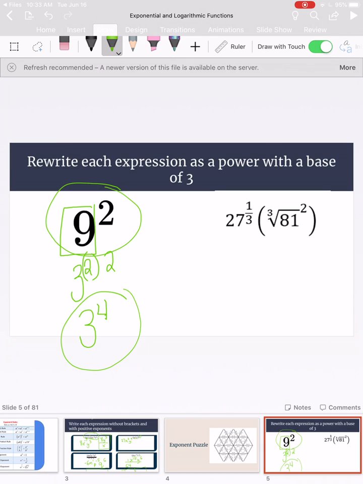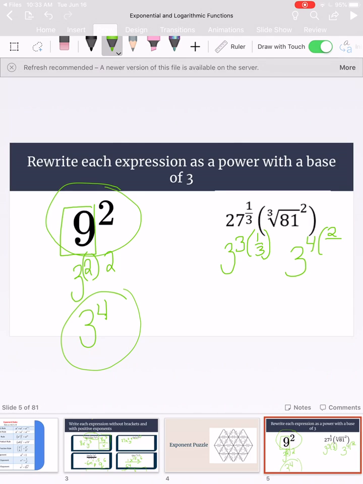Okay, so we're going to do the same thing here, except we have a bit more difficult of a question. So 27 is the same as 3 to the power of 3 raised to the 1/3. 81 is the same as 3 to the power of 4. And then I'm going to write this radical as a fractional exponent. So the 2 would be the numerator in my fractional exponent.